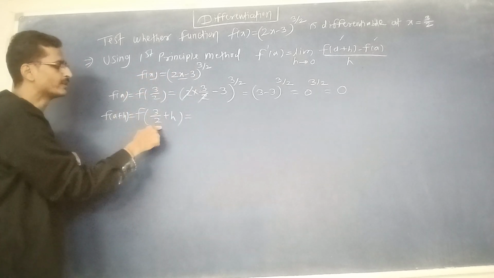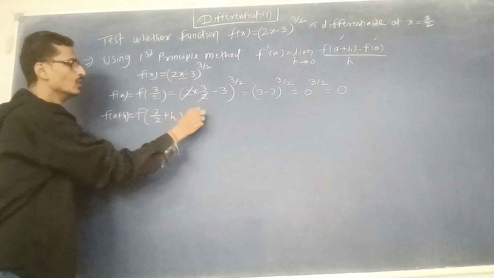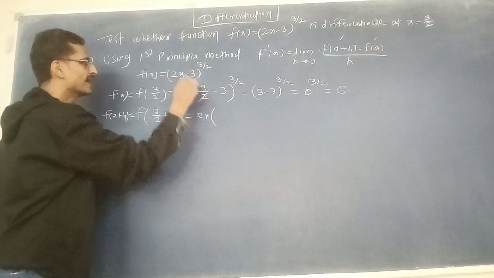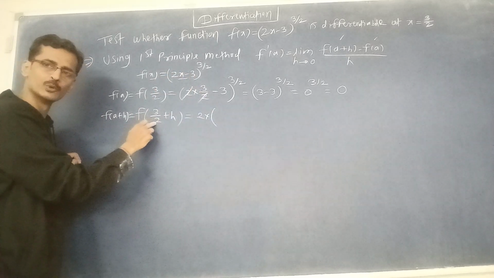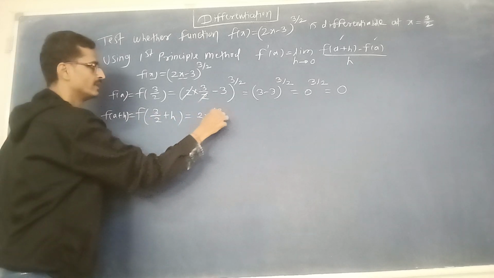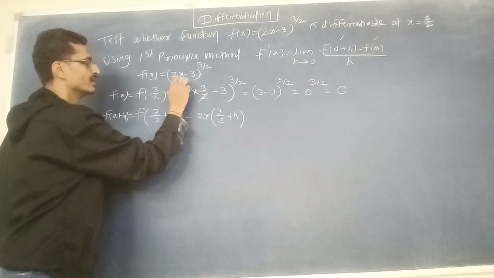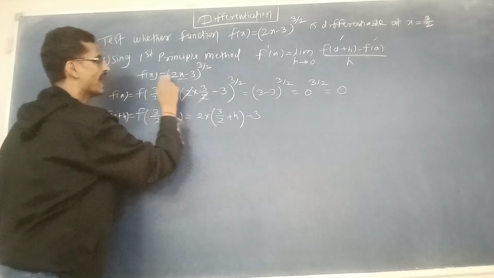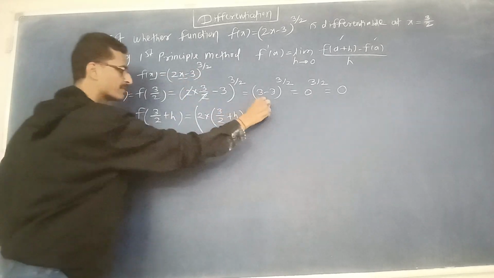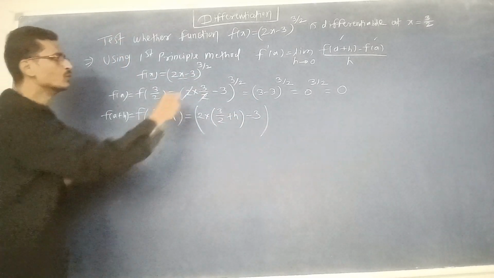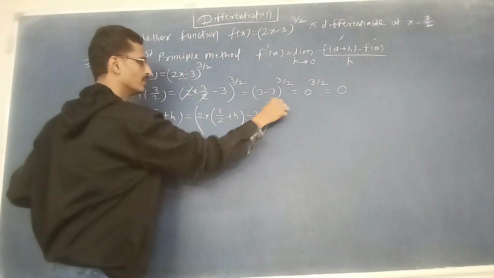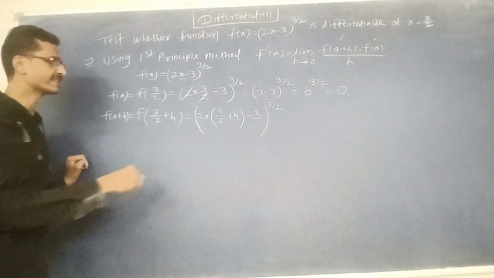So f of 3 by 2 plus h is equal to 2 into, put x is equal to this 3 by 2 plus h. 3 by 2 plus h minus 3 and this whole raised to, so write another bracket, whole raised to 3 by 2. Okay, simplify this now.